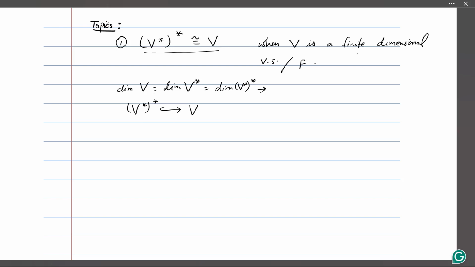Okay, because of this finite dimension, we have isomorphism.